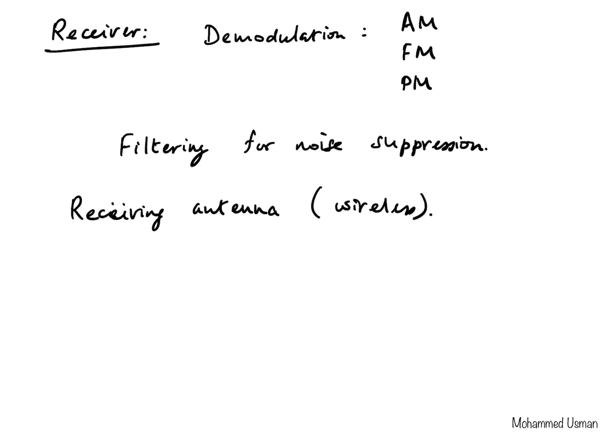So the block diagram that I've shown now and the components that I've described so far correspond to a basic analog communication system.